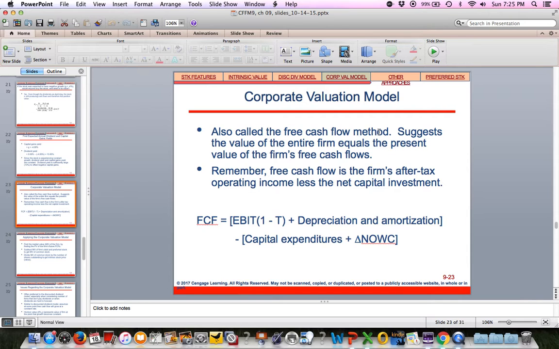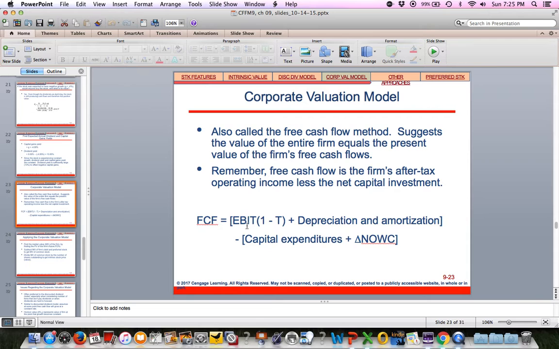So the free cash flow formula is right here. FCF is free cash flow, and that is my EBIT, my earnings before interest and tax, multiplied by 1 minus my tax rate. So we basically have our operating earnings after tax, plus we add back depreciation and amortization because those are non-cash items.